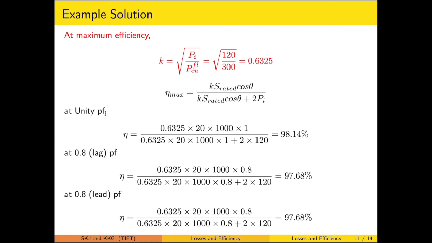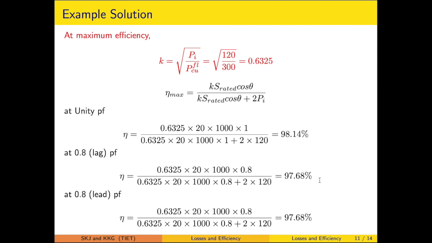So at different power factor levels, ranging from unity to the lag and lead relationship, we have calculated likewise. These maximum efficiencies come out to be higher than the respective efficiencies calculated previously. However, at unity power factor, the efficiency is highest in comparison to the efficiency calculated at other power factor levels.